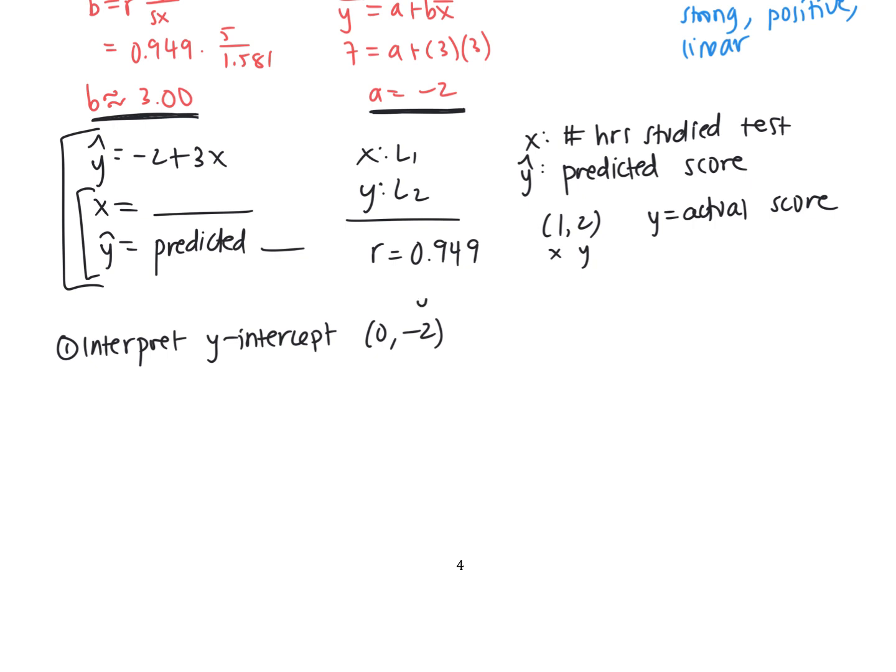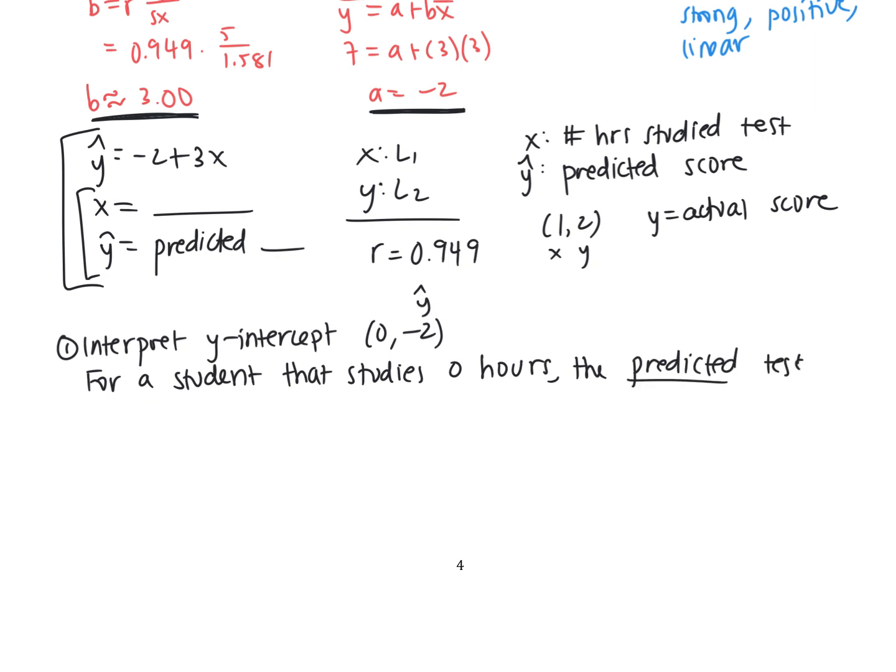And remember that -2 is a prediction. So we would say for a student that studies 0 hours, the predicted test score is -2.